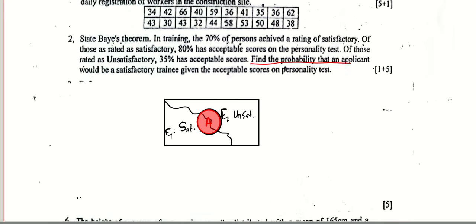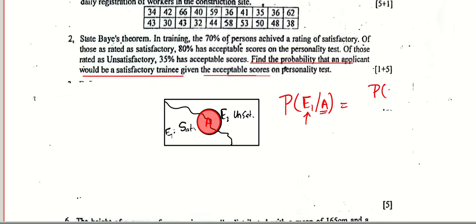Find the probability that an applicant will be a satisfactory trainee given that he has acceptable score. So they want you to find probability of E1 given A. That is the probability that the trainee will be satisfactory, given that he has an acceptable score.